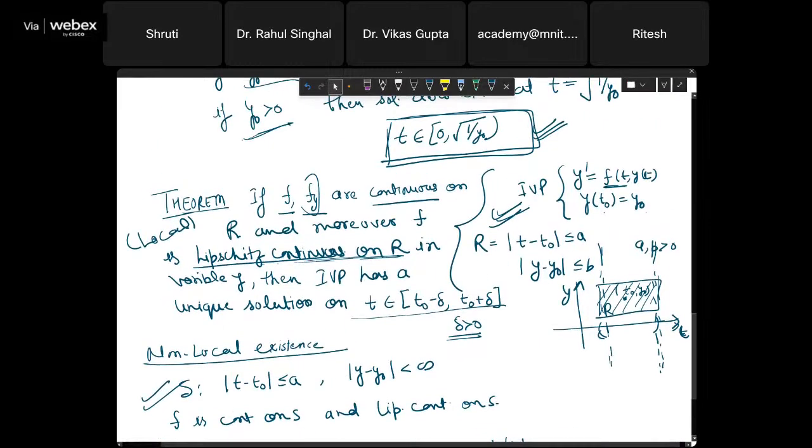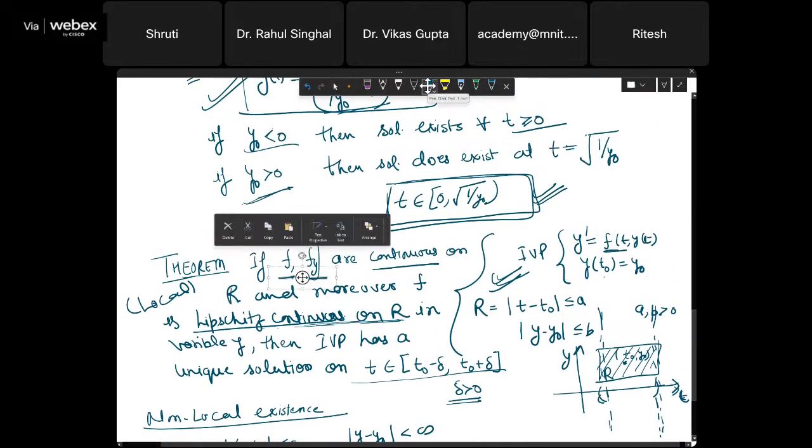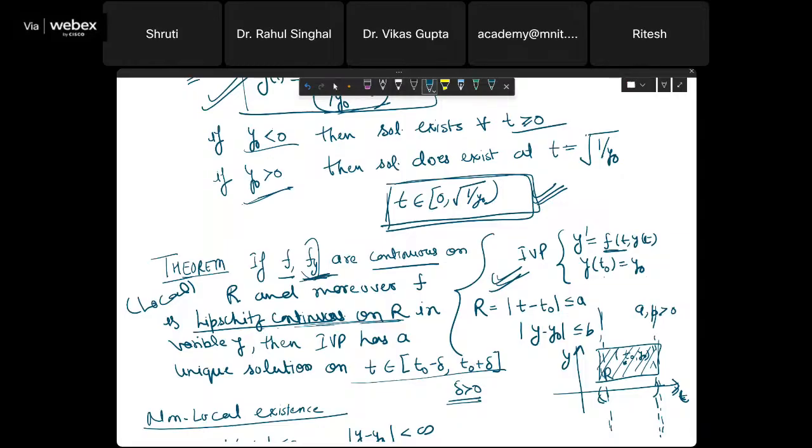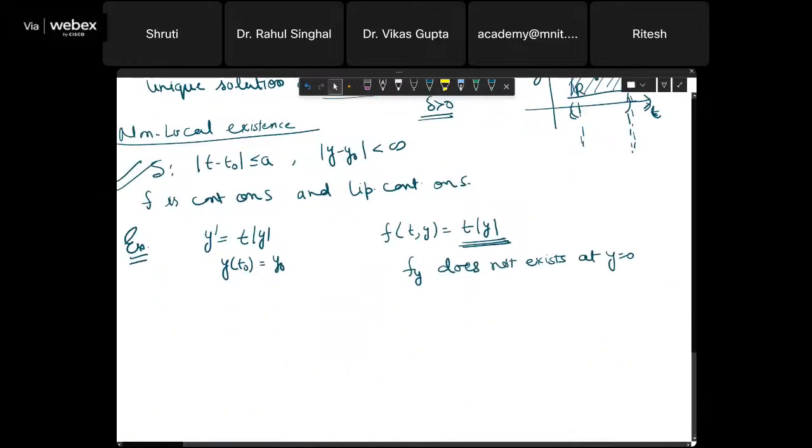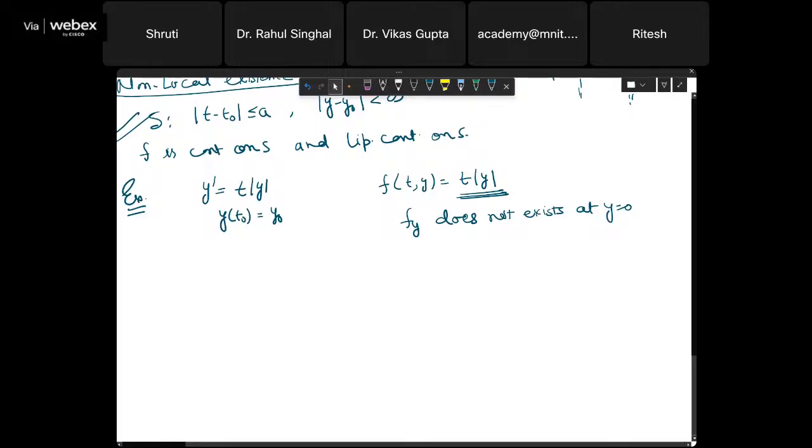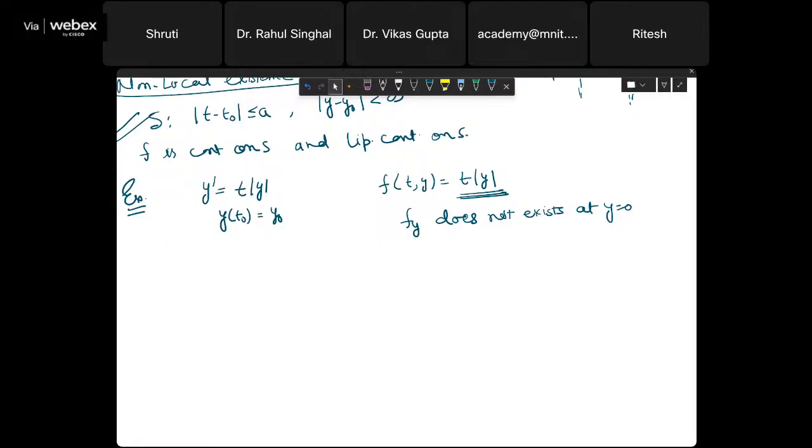So the condition that f_y exists is not fulfilled, and we cannot further check its continuity and get the solution. In such a case, the solution will not exist. So basically, a solution may or may not exist. That is always there with differential equations.